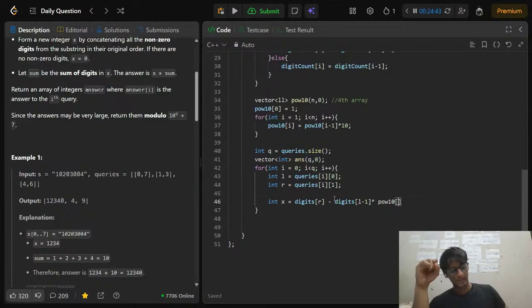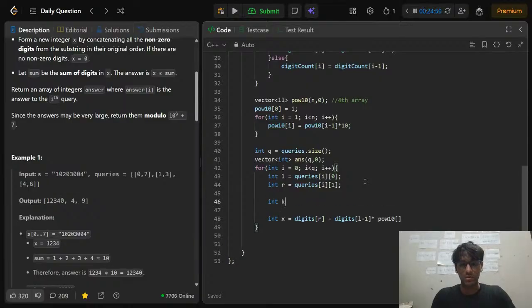First, let's calculate something once, one more thing. Then we can go to it. Int a equals the number of digits. We have to calculate the number of digits between L and R because that's the power to which we will have to raise 10. So first we need to calculate the number of non-zero digits between L and R.